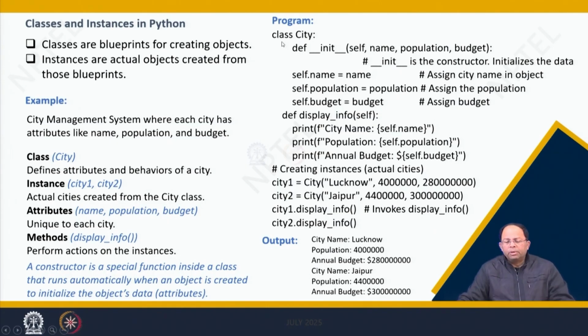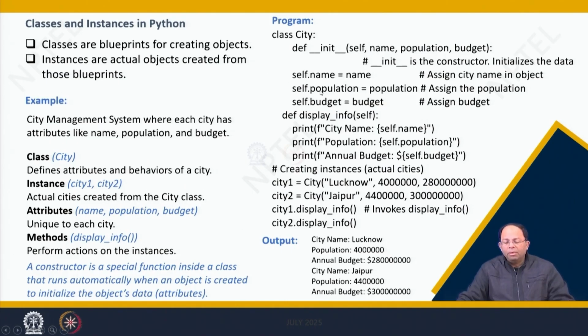In this particular program, you can see the class City, where first we put the constructor: def __init__(self, name, population, budget). These are the arguments which go into this initialization function, the constructor. What we are storing is self.name equal to name. That means within this object I am storing the name within myself, in the name attribute.